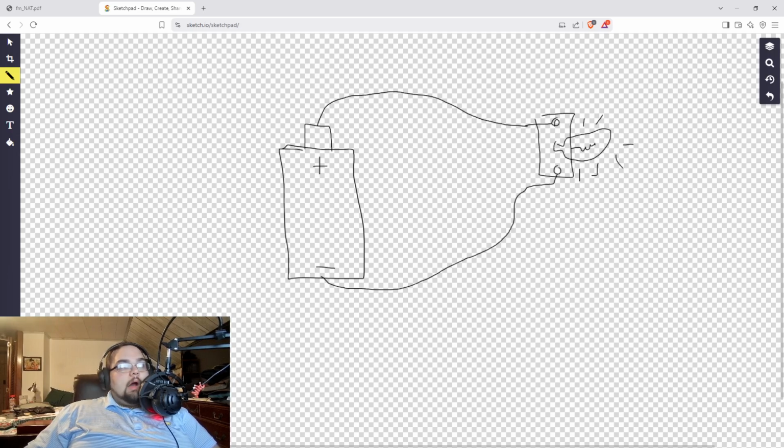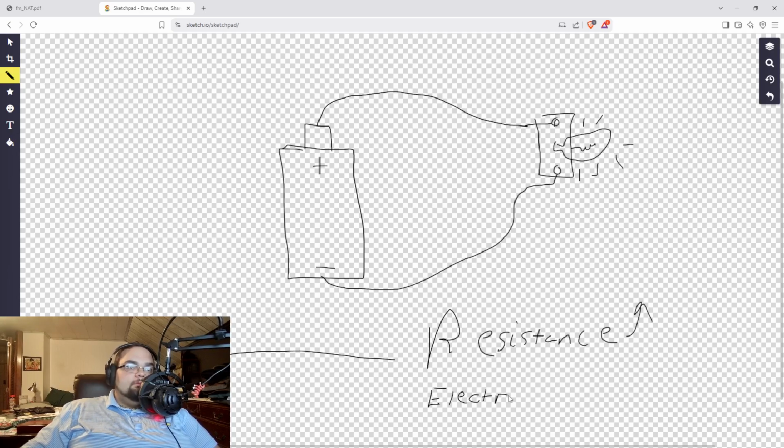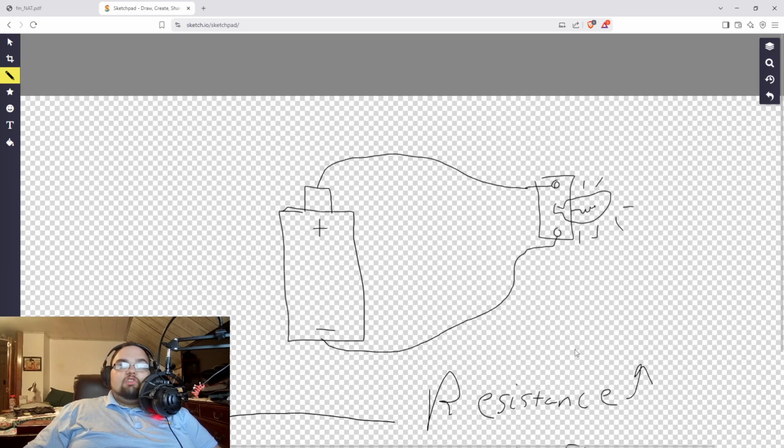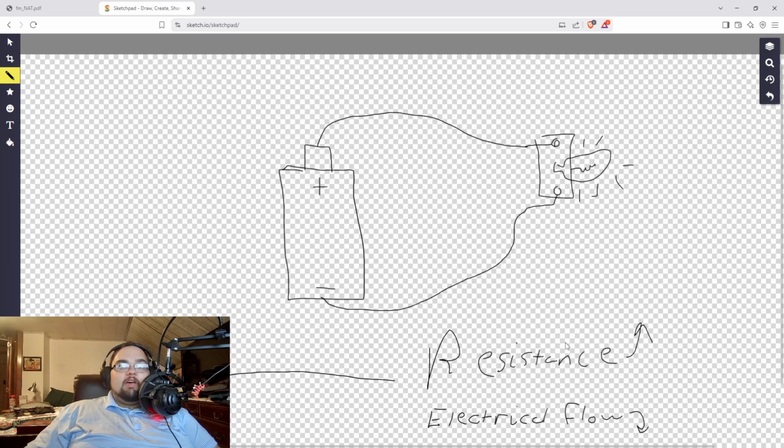Well, in a wire, there's this thing called resistance, and more resistance means less electrical flow. You have more resistance, you have less electrical flow, which causes more pressure to build up.